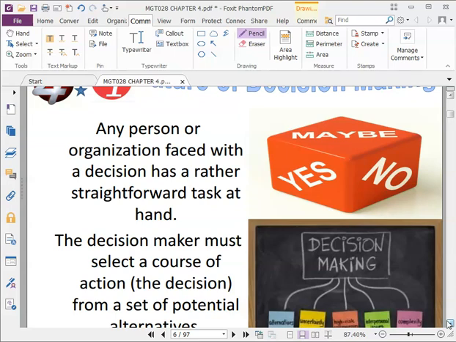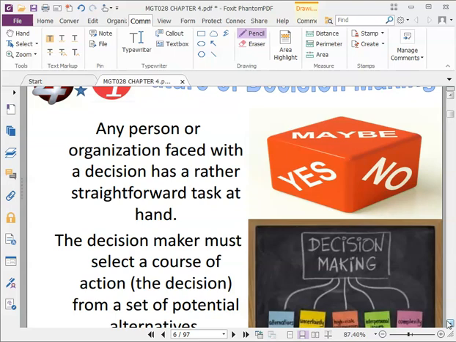Contohnya dalam kehidupan, you ada dua peluang untuk belajar. Satu untuk sambung dekat kerjasama UiTM, satu lagi dekat college lain. So, between two, you must make a decision to choose either one.